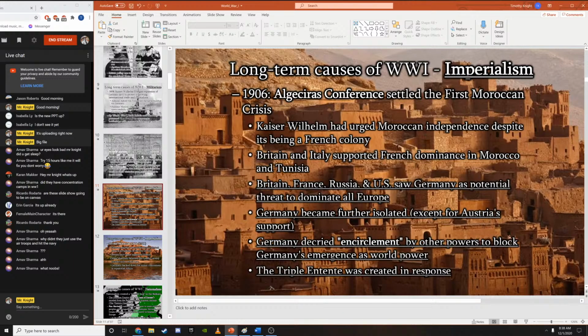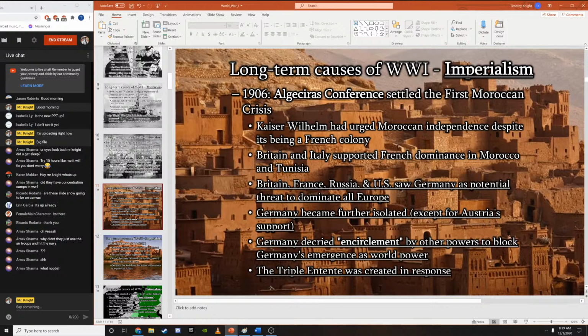So Britain and Italy supported French dominance in Morocco and Tunisia. So Britain, France, Russia, and the United States all begin at this time to see Germany as a potential threat to dominate all of Europe. After this Algeciras Conference settling the Moroccan crisis, Germany became further isolated with the exception of Austria's support.